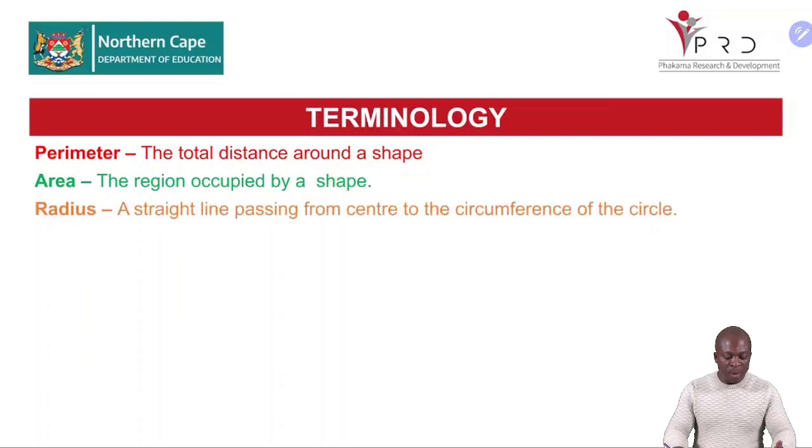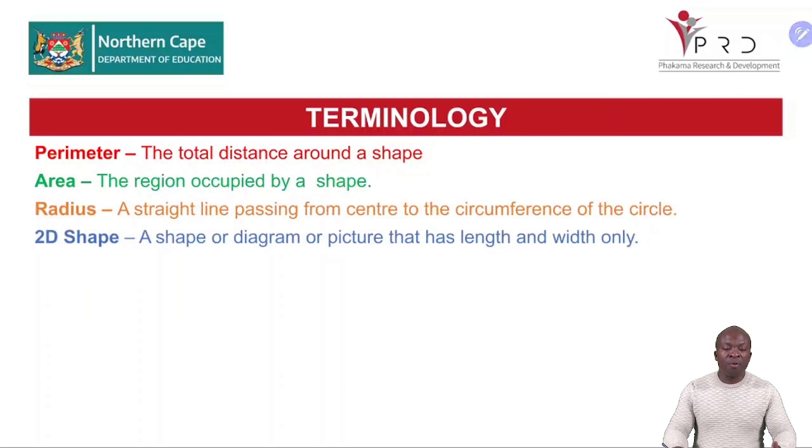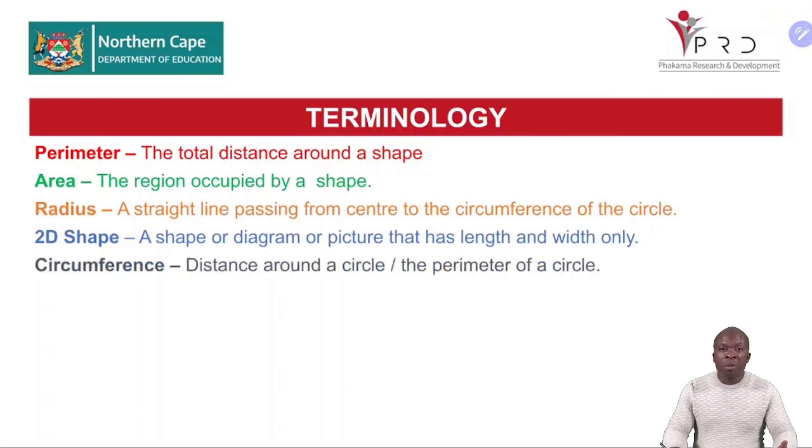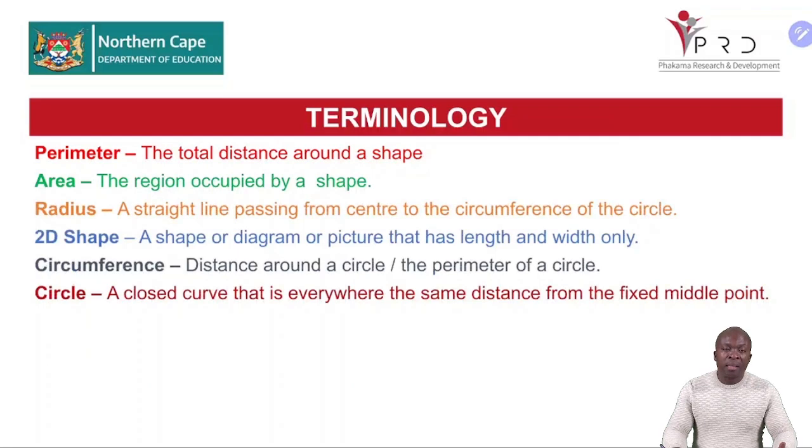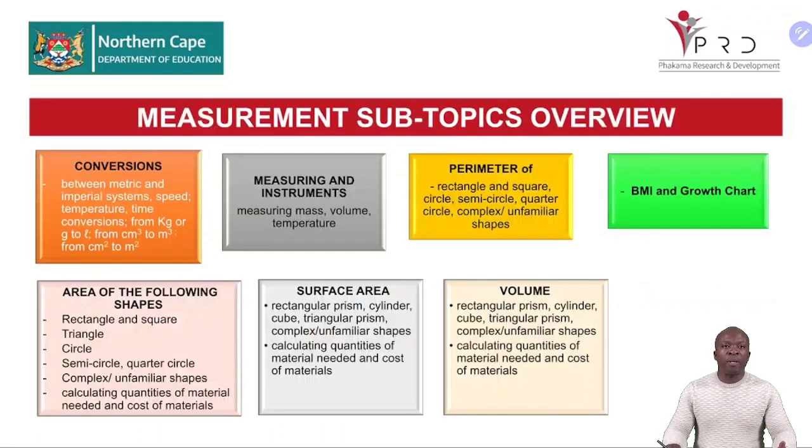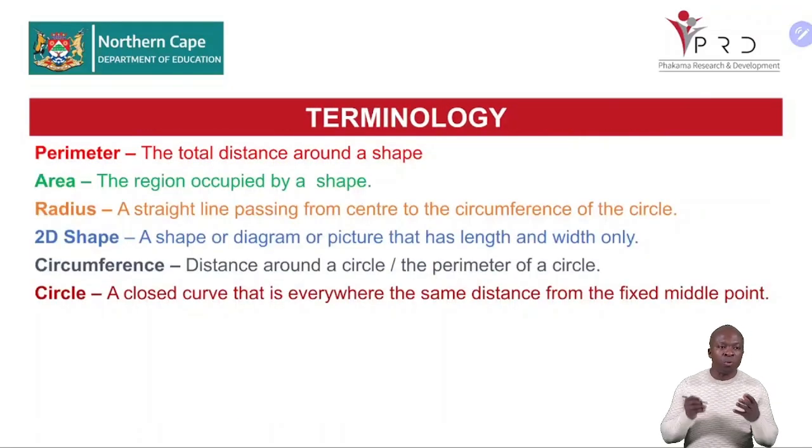Perimeter, I've given you the explanation. Area, I've given the definition. Radius, 2D shape, circumference, circle, quite a lot of them. So the whole idea is for you to know how to explain them. If you understand what they mean, it means that you are able to apply that knowledge in answering questions.